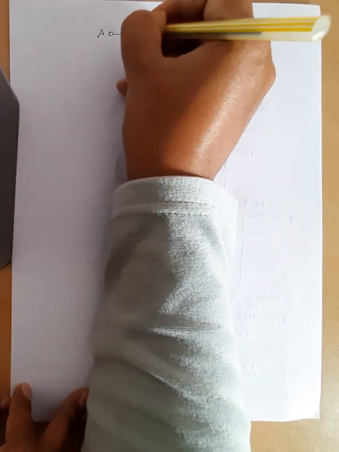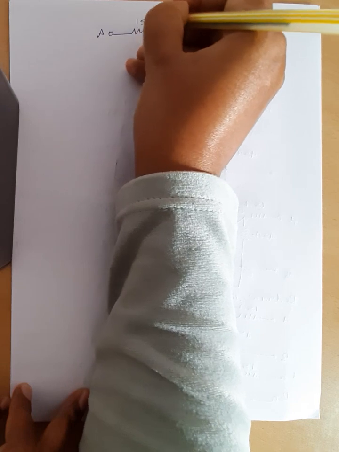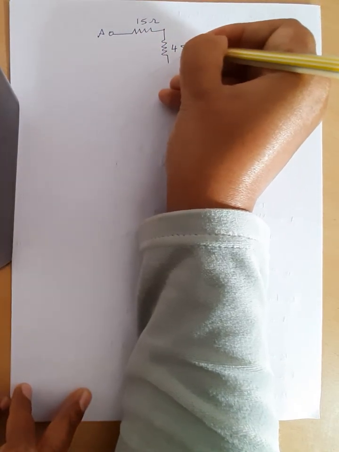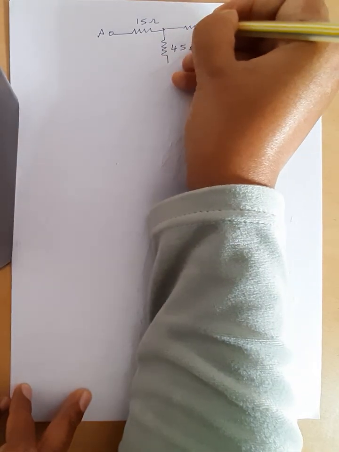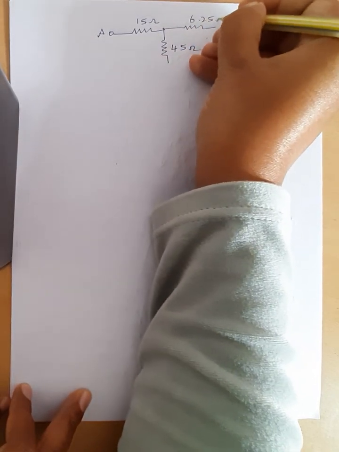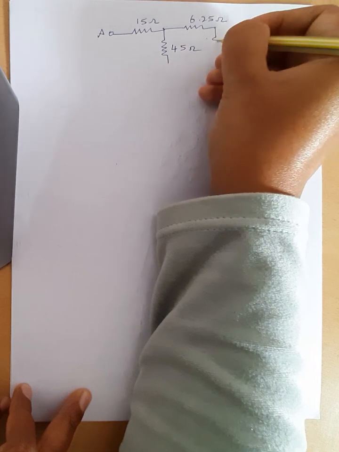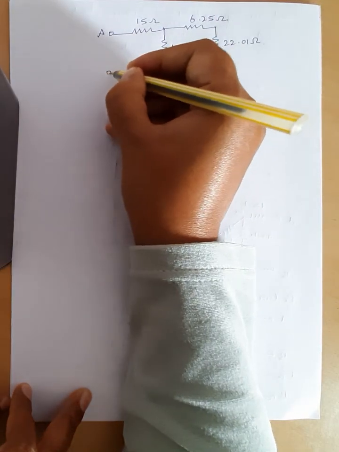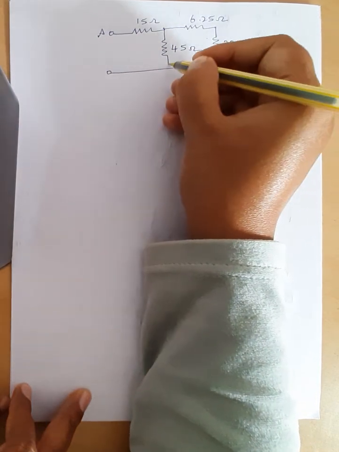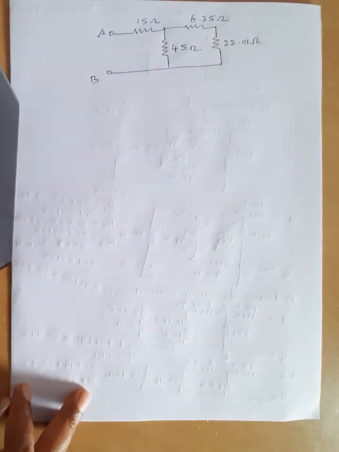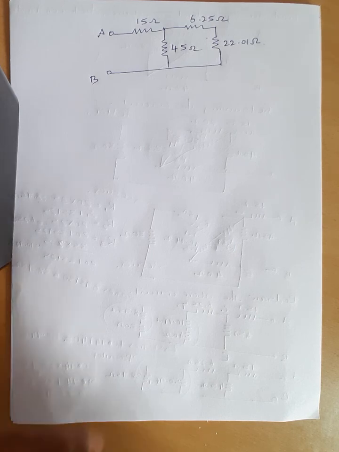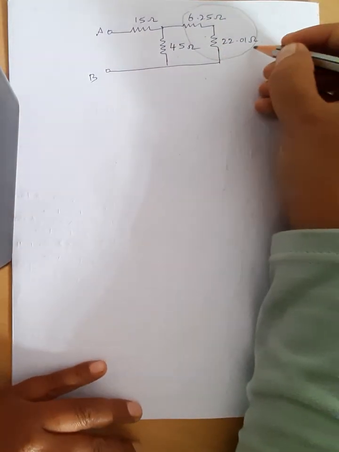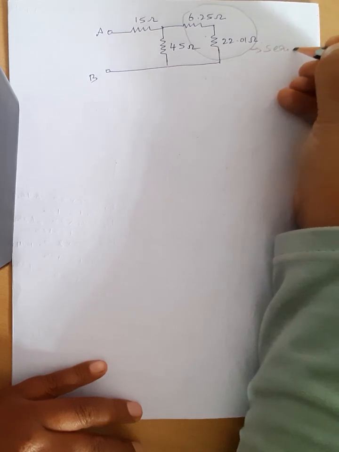A, 15 ohms, B. Now again here 6.25 and 22.01 will be in series connection.